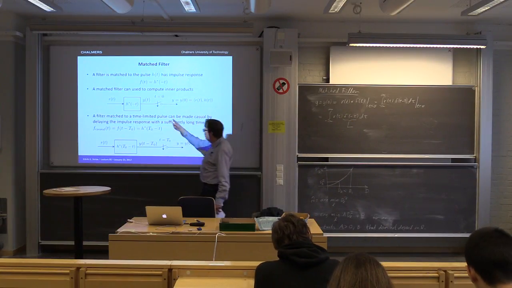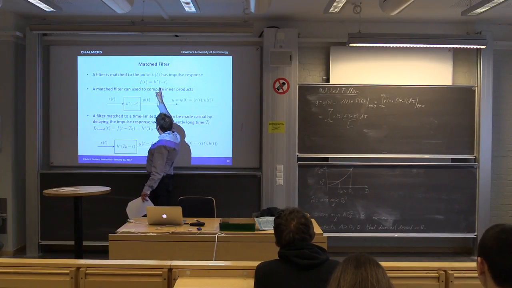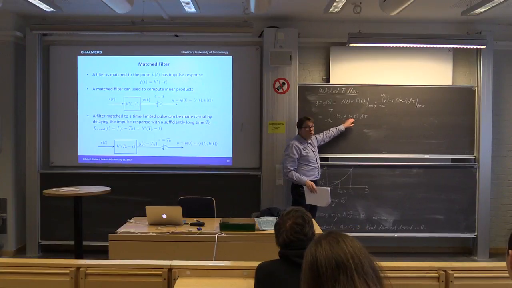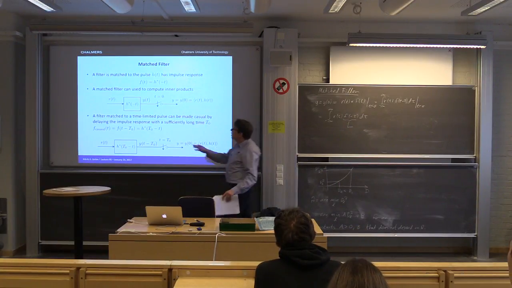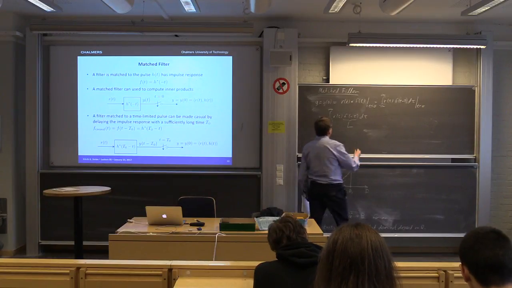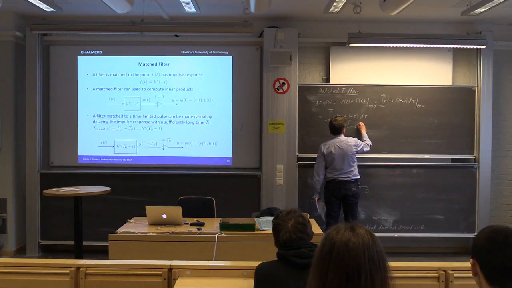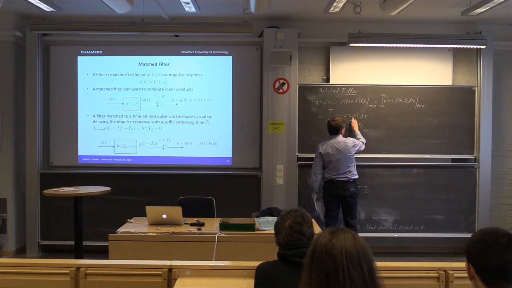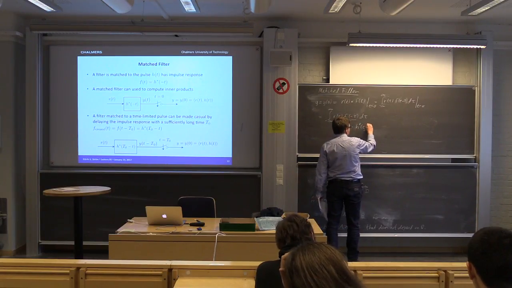Now, if we have a matched filter, then this part here is related to h. How is it related? We know that f of t is h conjugate of negative t, but here now it is a function of tau, so we can replace t with tau here. And then we simply see that this is h conjugate, instead of negative tau, it will be tau.